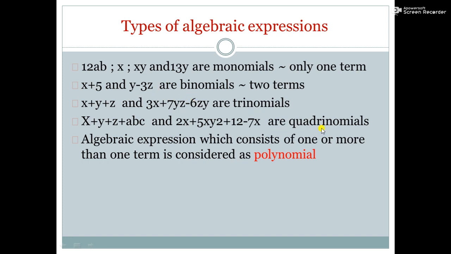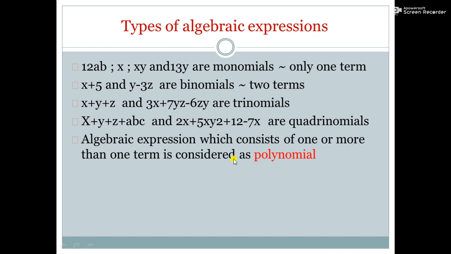And a quadrinomial means the expression contains 4 terms. x, y, z and abc here. Here 2x, 5x, y, z, 12 and minus 7x.